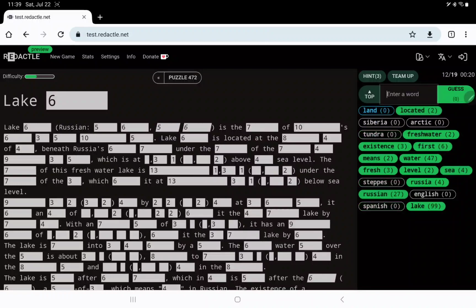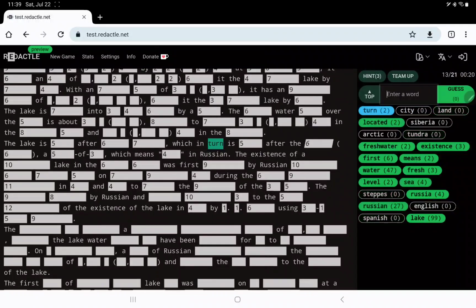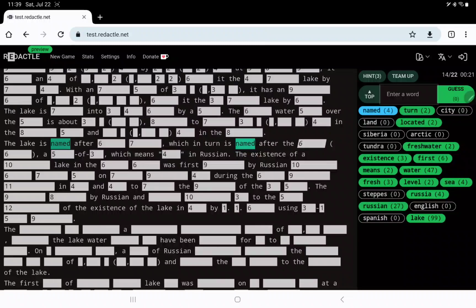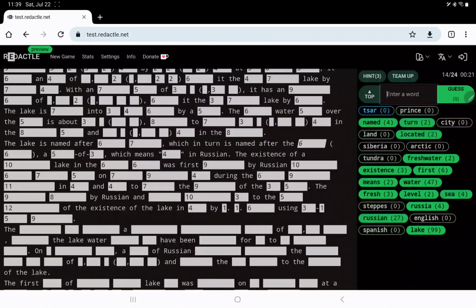The land of, the city of, the turn of. No. After 6-7, it's not Prince something. No. Oh, how about a Tsar? Is a Tsar ever mentioned? No.